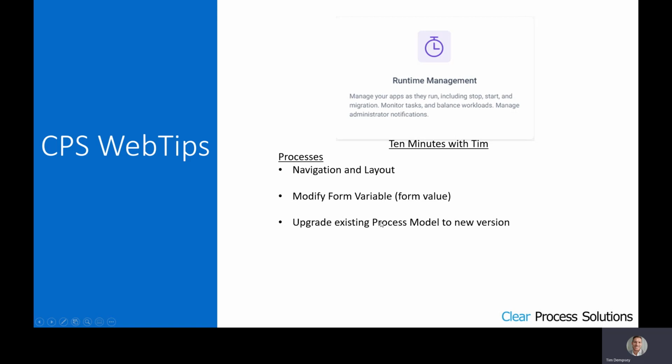And then we're going to step through how to upgrade your workflow or process model to a new version. This is a significant advantage to us because the end user will not need to create a new request, and the existing request would not need to be canceled. We can upgrade the existing solution with the new process model.